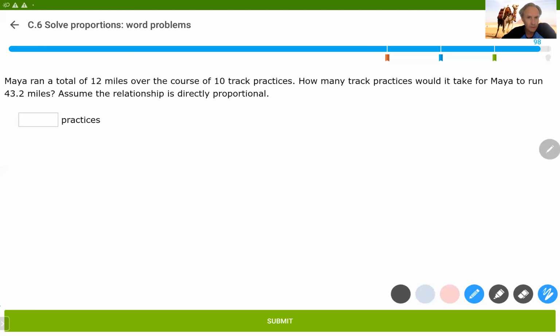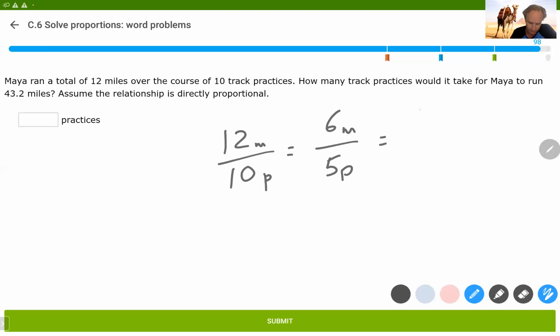One or two more. Okay, 12 miles in 10 practices is the same as 6 miles in 5 practices. And we want to change it to 43.2 miles in X practices. So we have to cross multiply.